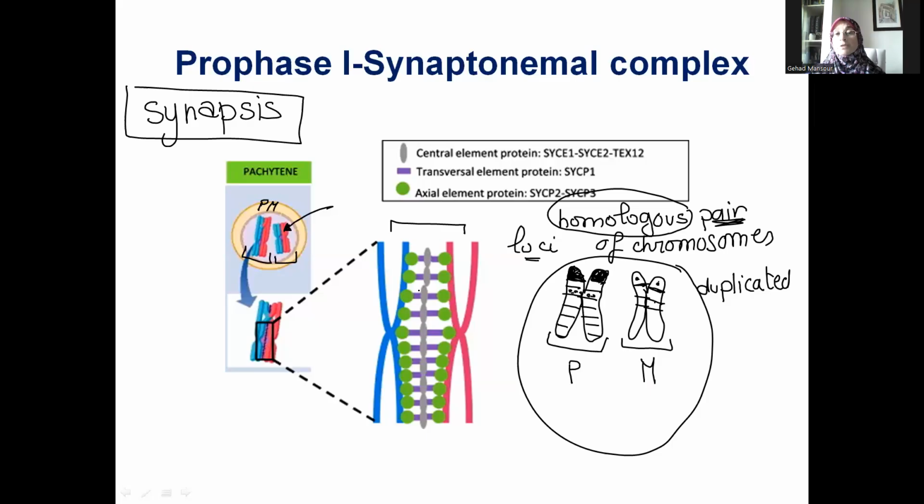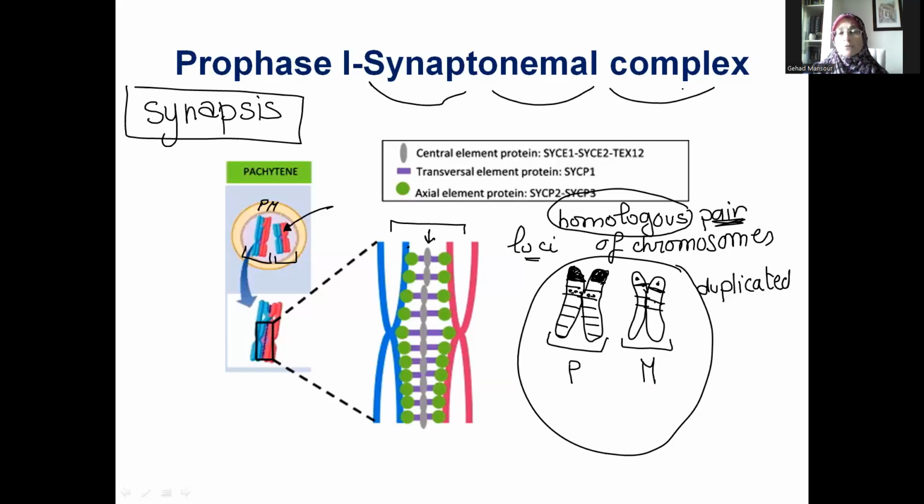And in order for this to be accomplished, there should be a complex arrangement of proteins, as you see in the middle. So if the blue chromosome is the paternal one and the pink or purple chromosome is the maternal one, then the molecules in between are a complex group of protein molecules called the synaptonemal complex.